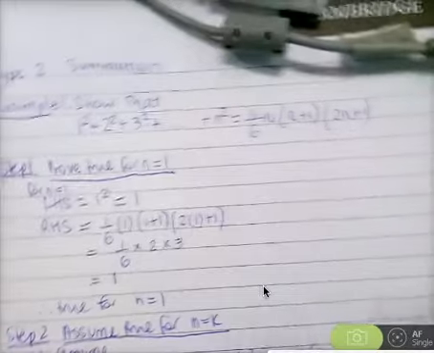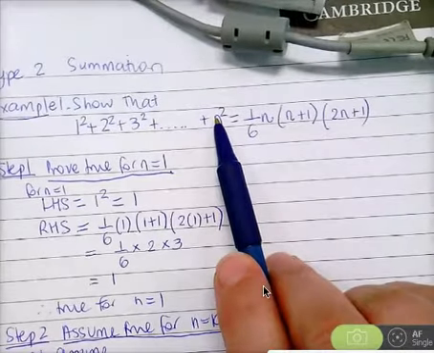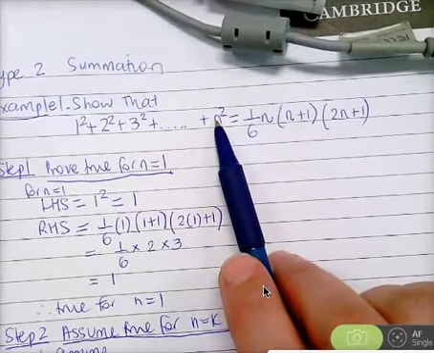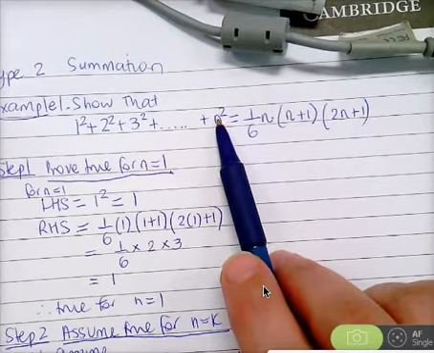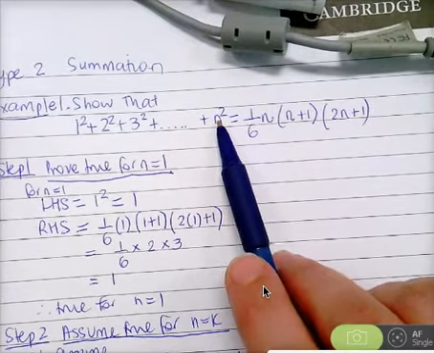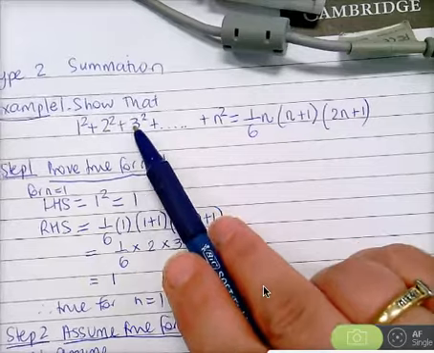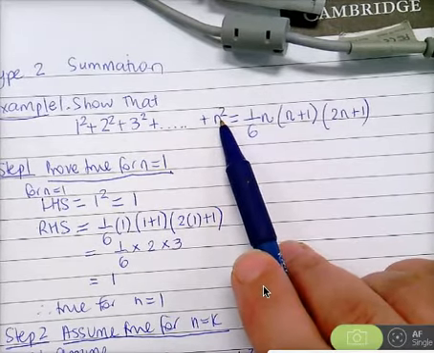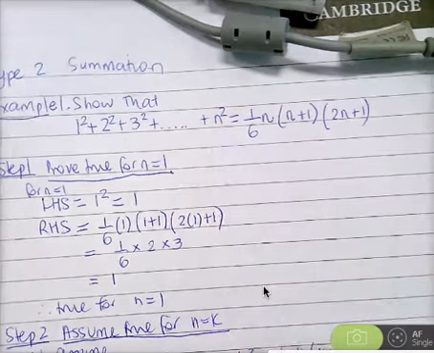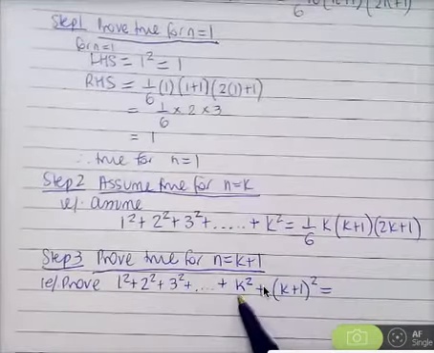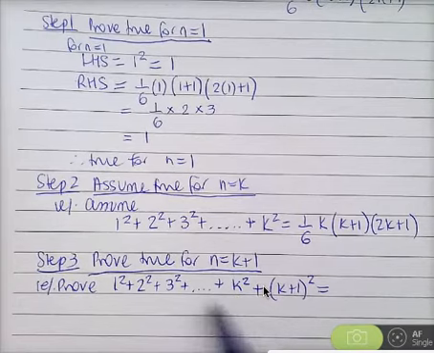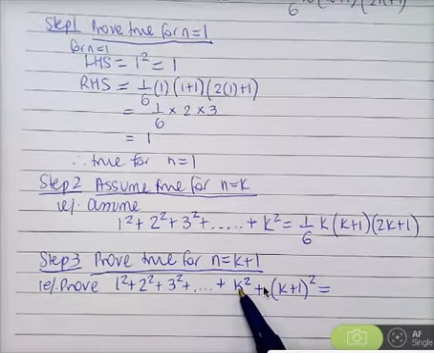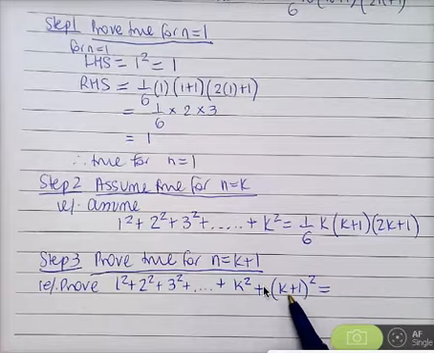So look, if I've got k plus 1 terms, k could be the number 9. I'm trying to prove for 10 terms, k plus 1. So I go 1 squared plus 2 squared plus 3 squared all up to k plus 1 squared if I want to prove true for k plus 1 terms. But what is the term before k plus 1? It's k. So there's all my terms up to k, and there's the k plus 1th term.